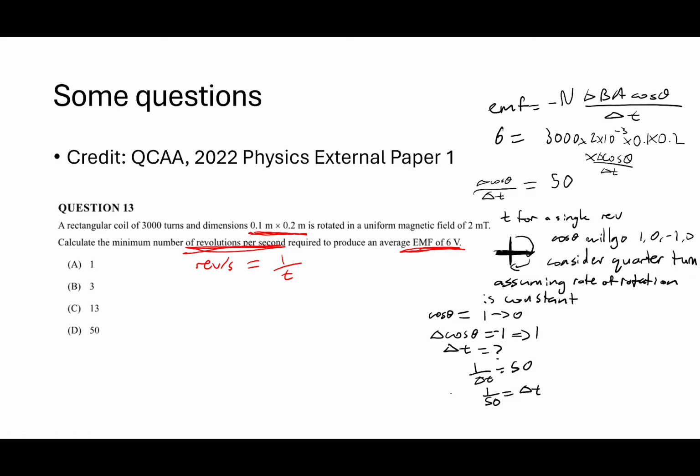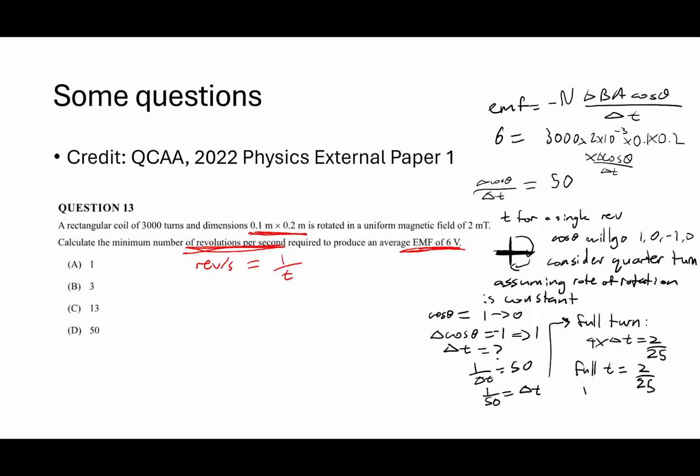So for a full turn, four times delta t equals 2 over 25. So delta t will be full turn. Let's say full t equals 2 over 25.